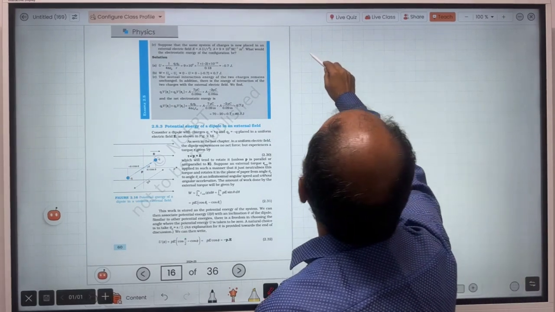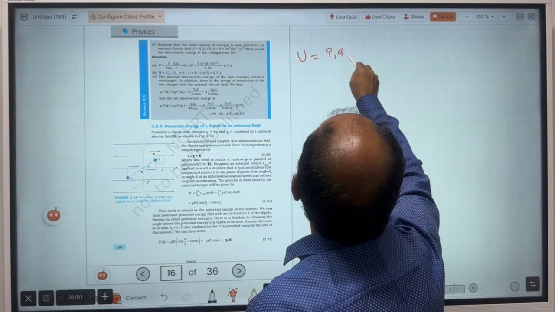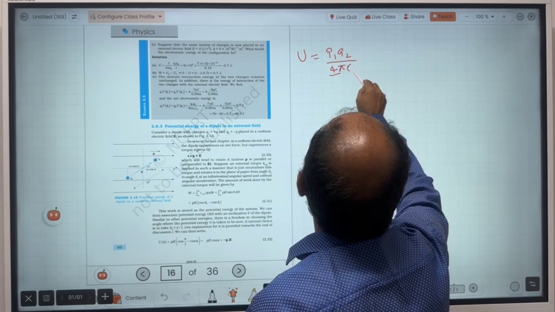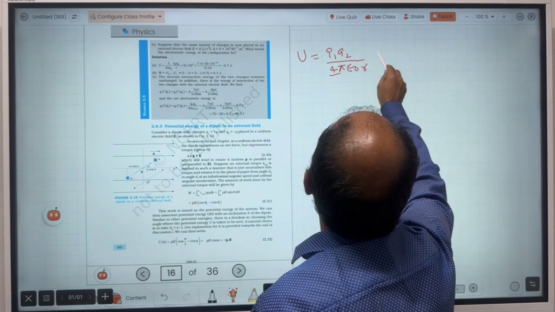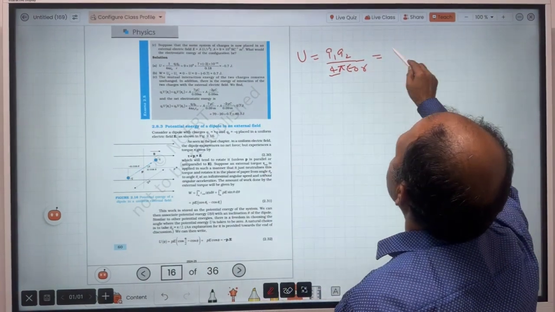So here we can write the potential energy equal to Q1 Q2 divided by 4 pi epsilon naught times the separation R. One charge is positive, another charge is negative.